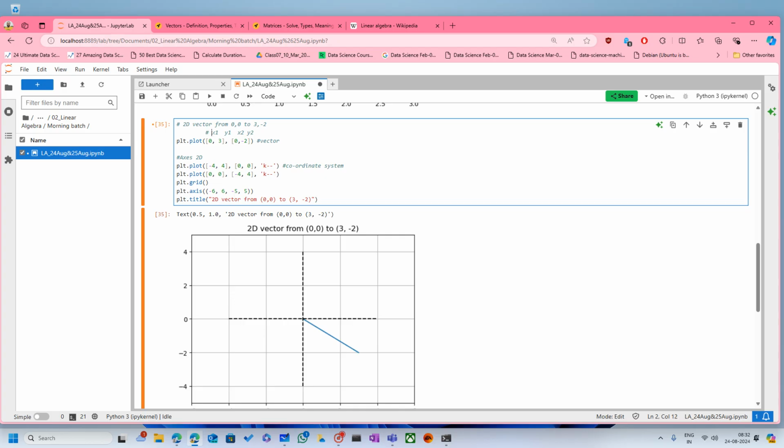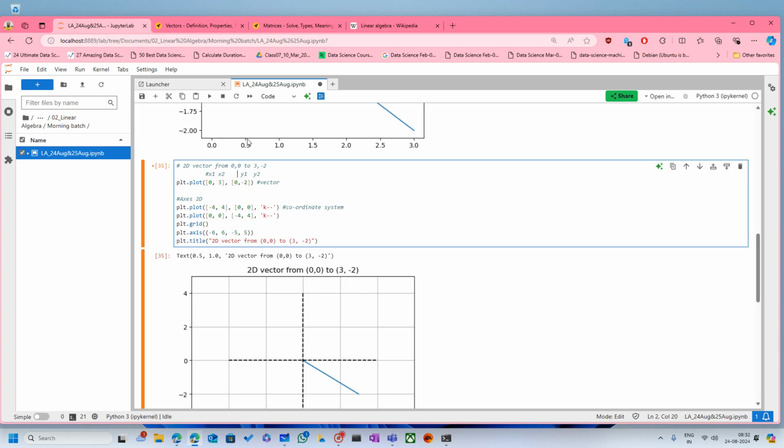Now looking at the first line, which is commented: 2D vector from 0, 0 to 3 comma minus 2. So 0, 0 has to be x1, y1, and 3, minus 2 is x2, y2. Yeah, this has to be x1, y1 actually, and this has to be x2, y2.